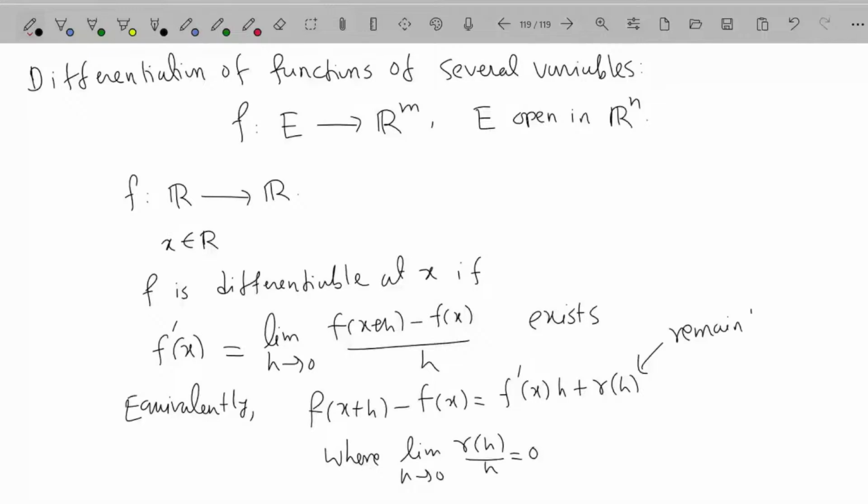So r of h is a function of h such that limit h tends to 0, r of h by h equals 0. Okay. Now that's the other way of saying that a function is differentiable at the point x.